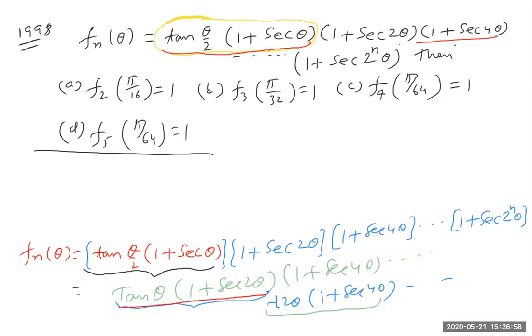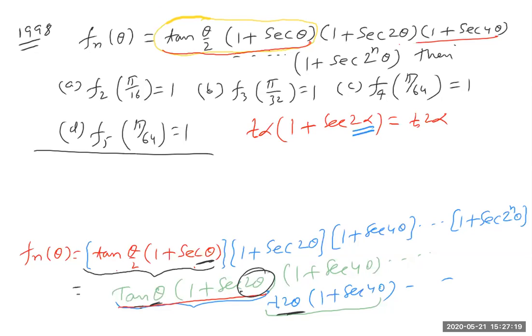That means when I am multiplying this, I am getting the larger angle, theta here. When I am multiplying these two, I am getting tan 2 theta, the larger angle. Basically the formula I derived was tan alpha into 1 plus sec 2 alpha is tan 2 alpha.